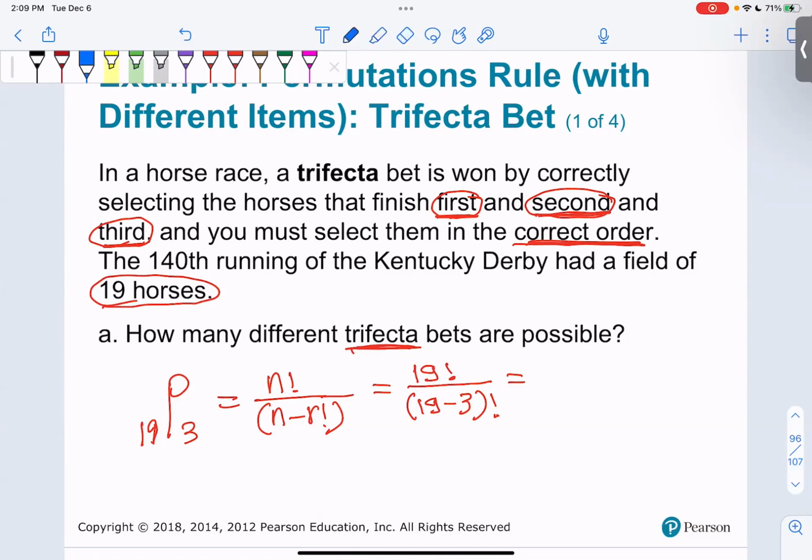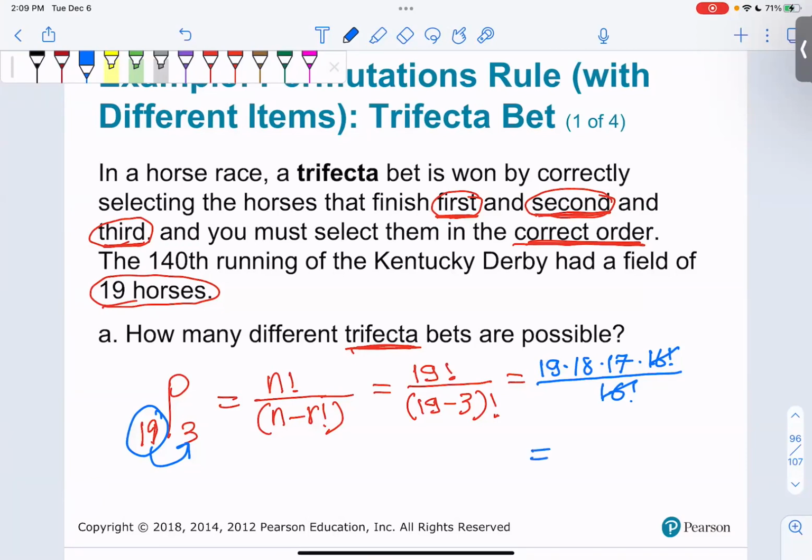It will be 19 times 18 times 17 times 16 factorial, and here we have 16 factorial, right? So this will cancel this. Basically, you start from 19 and go 3 numbers back, which is 19, 18, 17.